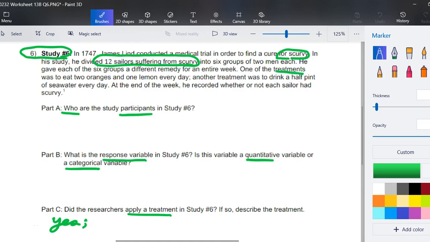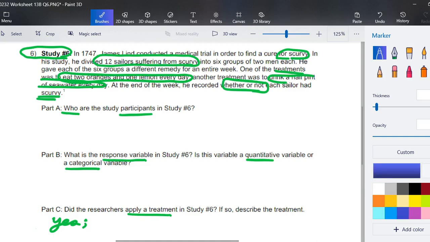One of the treatments was to eat 2 oranges and 1 lemon every day. Another treatment was to drink half a pint of seawater every day. I think I would have wanted the oranges and lemon treatment. Anyway, at the end of the week, he recorded whether or not each sailor had scurvy.